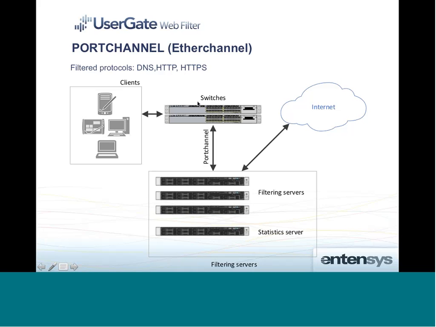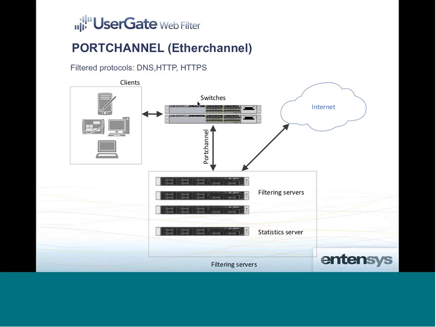Port channel or EtherChannel is just a different way. So it requires a Cisco switch, or basically probably any kind of switch which supports port channel. Port channel is a way to create trunks from several Ethernet ports, and they will act as just one port.